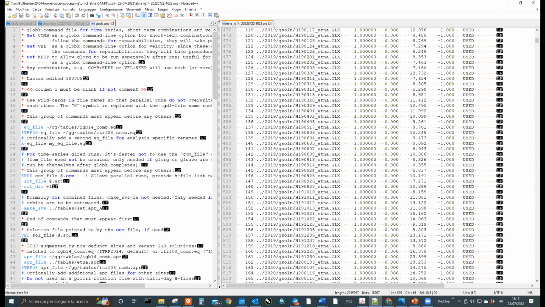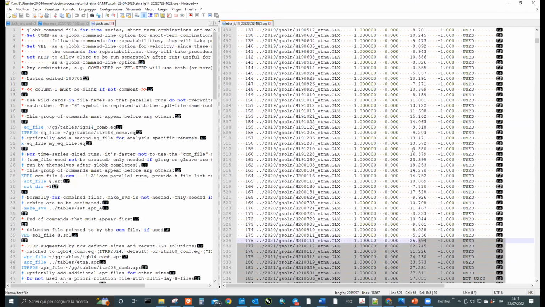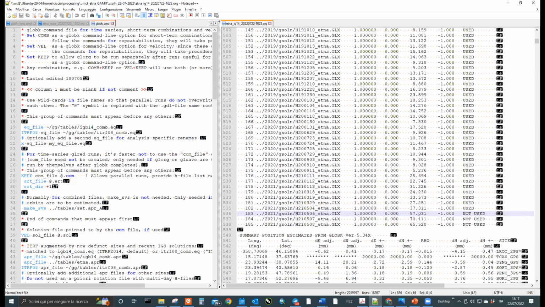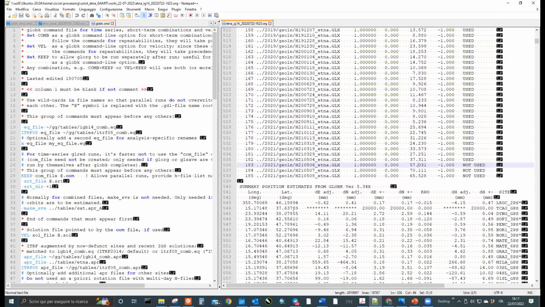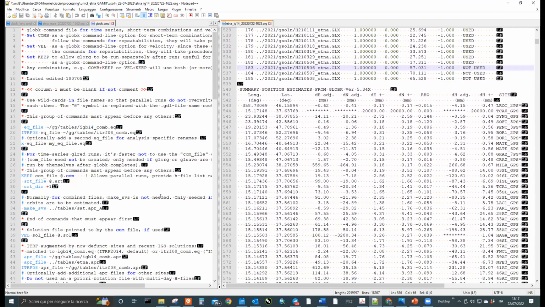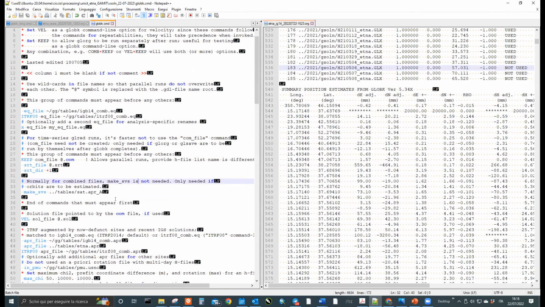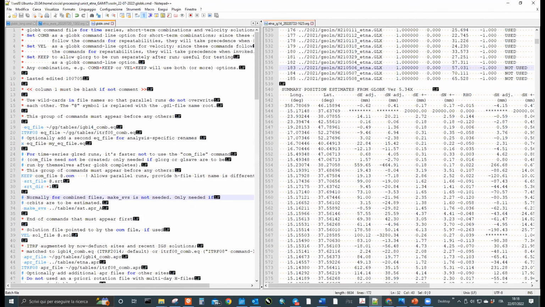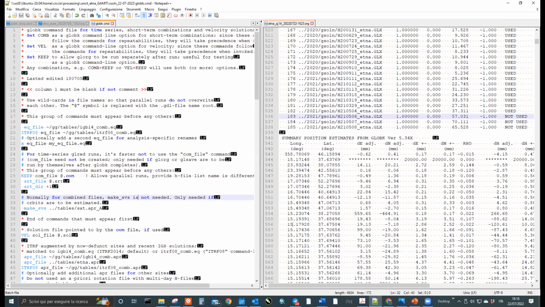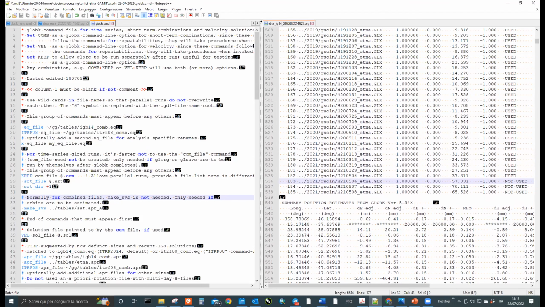When I combine, I have this very high value, and I don't know. Maybe there are some constraints in the command file that it's better to change, because these numbers are very big. I don't know where it's coming from.